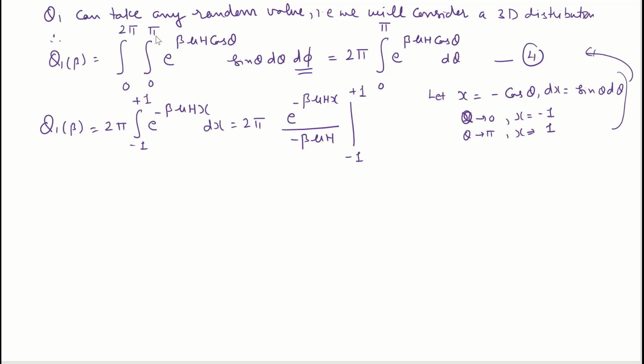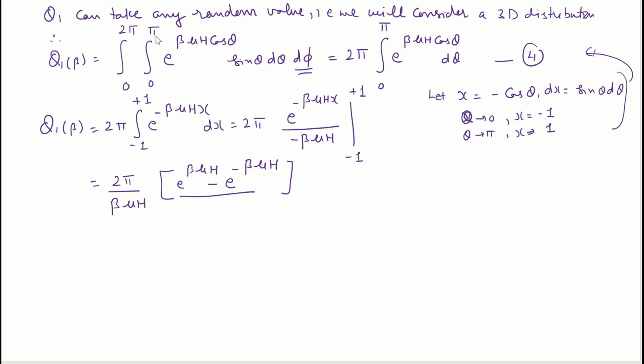After substituting the limits of x, we obtain this result: 2 pi upon beta mu h, and inside the bracket we have exponential beta mu h minus exponential minus beta mu h.